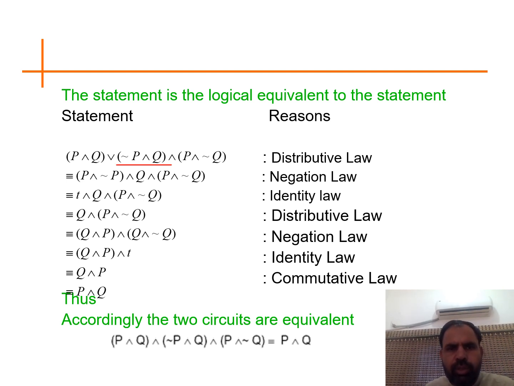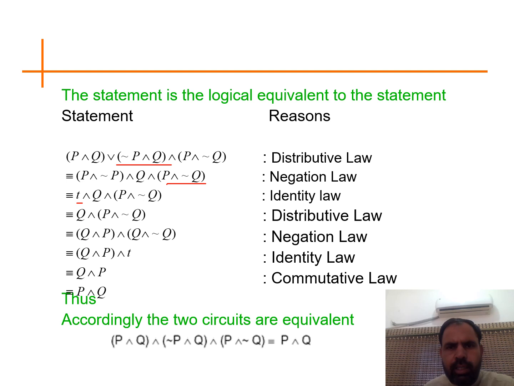After this we use the negation law, that is P or negation P becomes a tautology T, and Q and P or negation Q remains the same.